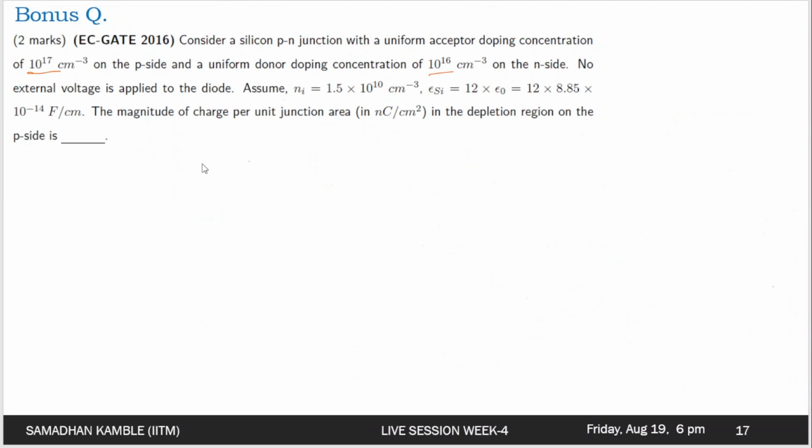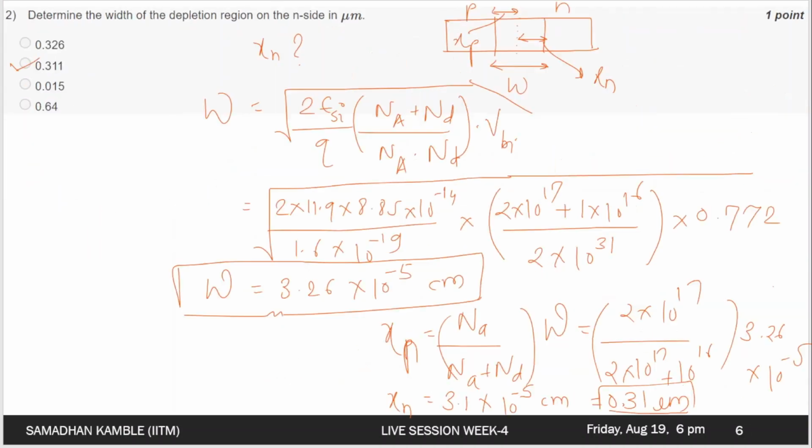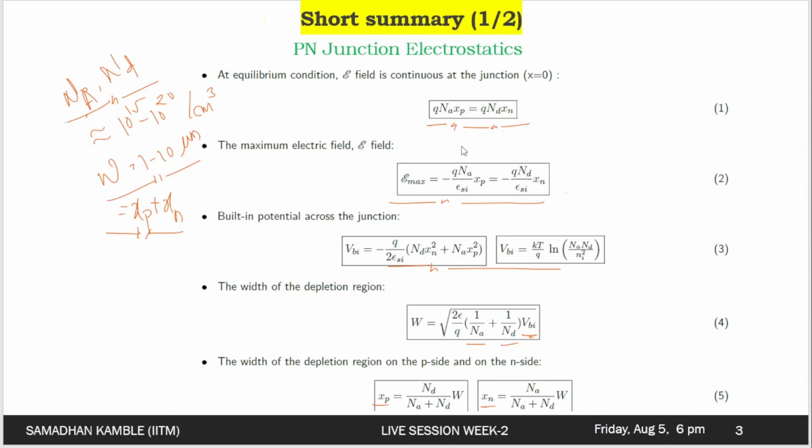So again, we can use the charge neutrality condition. So the charge neutrality condition is that the charge of donors is equal to the charge of acceptors. So the charge of donors we can recall from equation number 1. This particular equilibrium condition we have used. The charge in the donors is equal to the charge in the acceptors region.